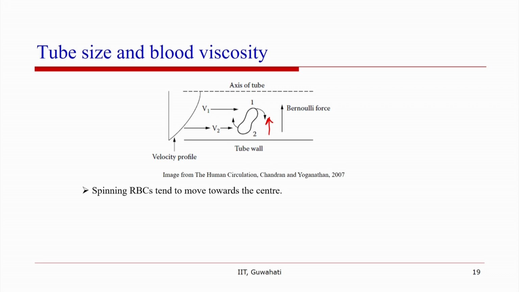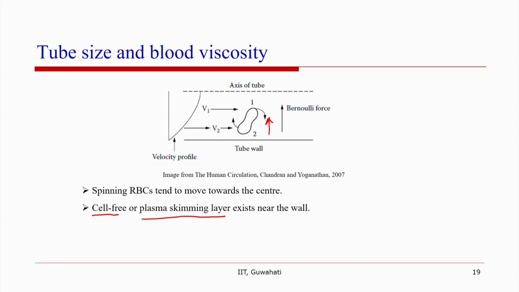So, the RBCs always have a tendency to move towards the core of the channel, and the layer near the wall is only plasma. It is called the cell free or plasma skimming layer.